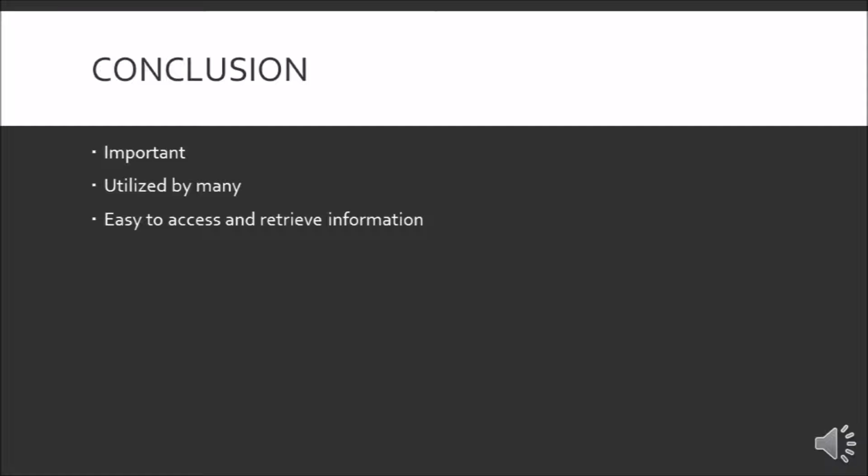Like I said, anyone for any reason can access this website and obtain information. So the most popular way is obviously the internet. Recorded telephone messages and publications are also another way. So all in all, the Bureau of Labor Statistics is there to provide the United States with information and data that can be useful in many aspects of one's life.